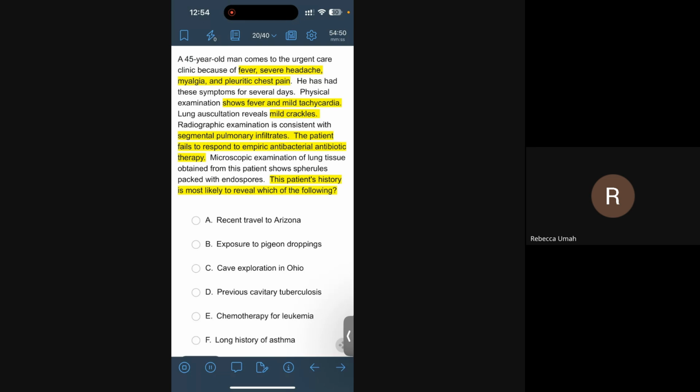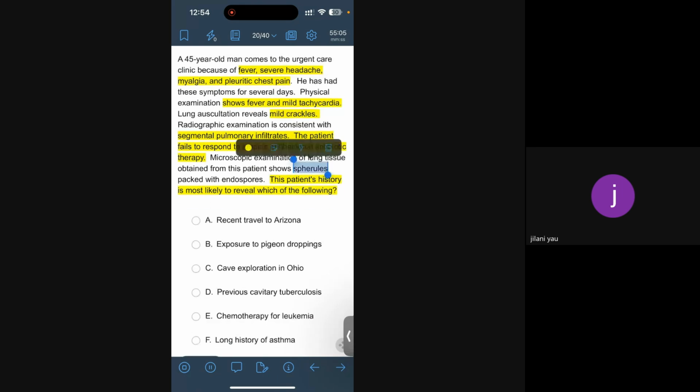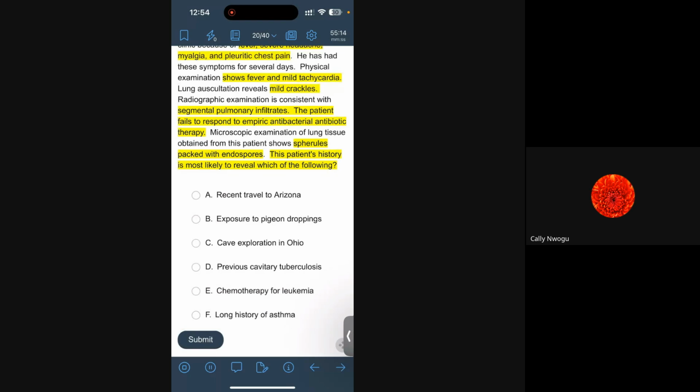What does that line mean? It means the cause is not bacterial. Microscopic examination of lung tissue shows spherules filled with endospores. This is coccidioidomycosis.